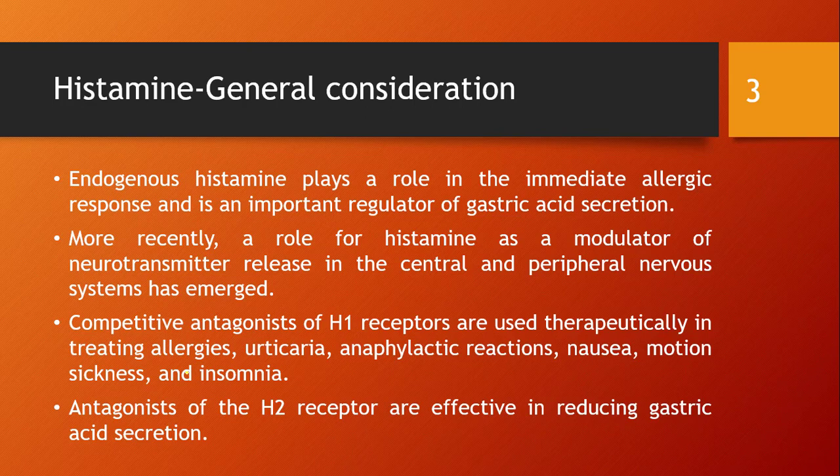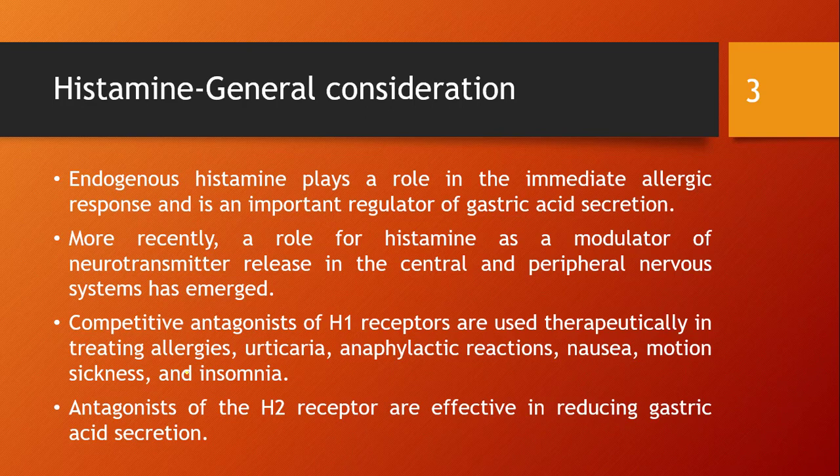What is histamine? It is like a tissue amine, and histamine plays a very important role in allergies as well as in gastric acid secretion. Recently we came to know that it also acts as a modulator of neurotransmitter release in the central and peripheral nervous system.